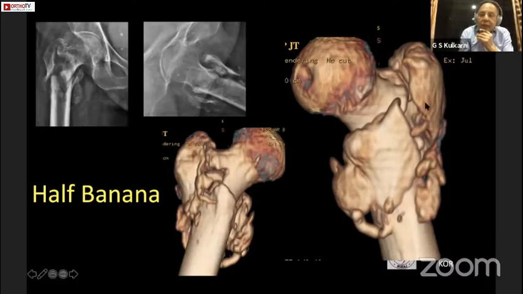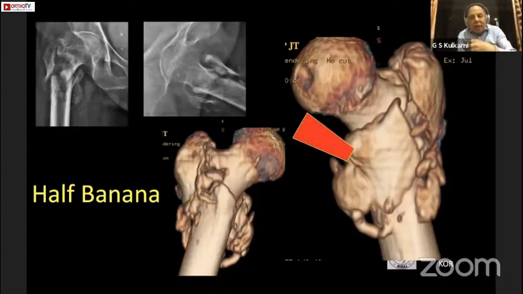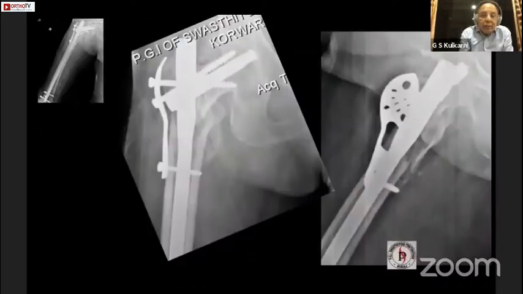That means the banana has fractured into 2 pieces, and the problem here is that this fragment is not attached to this fragment, therefore free to move because of the iliopsoas muscle, and sometimes it goes below the head and neck of the femur.